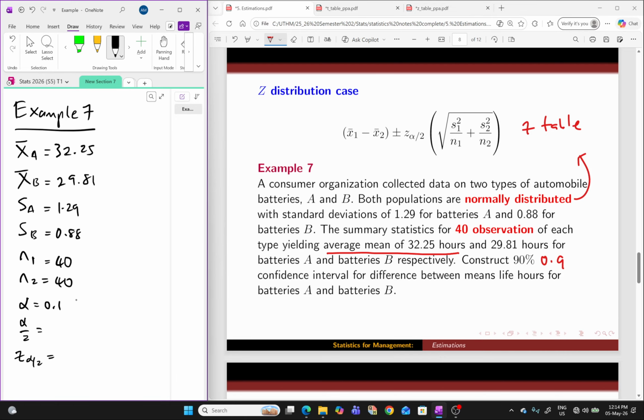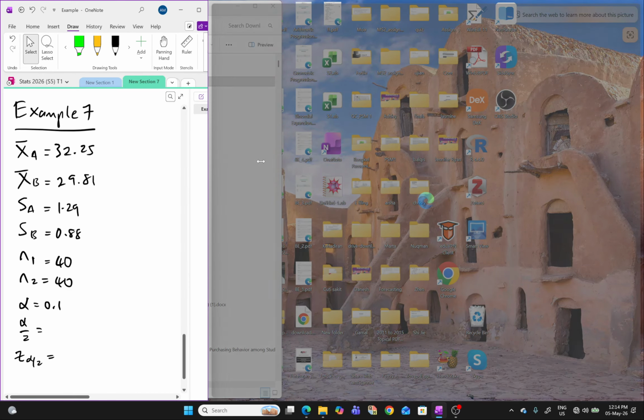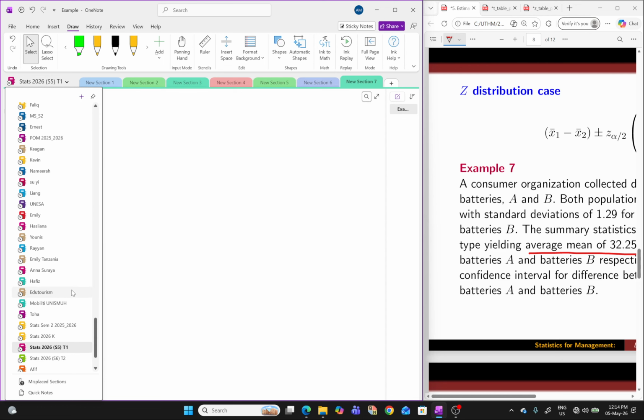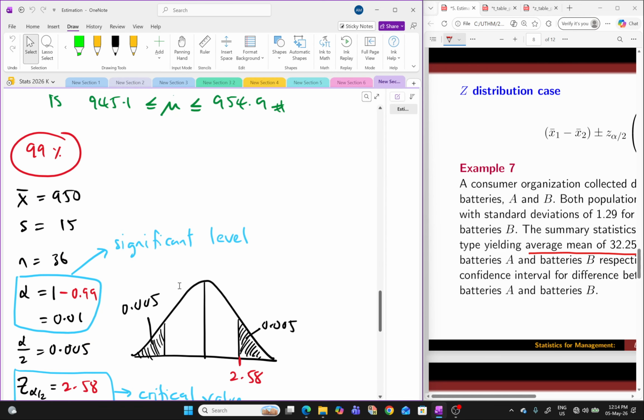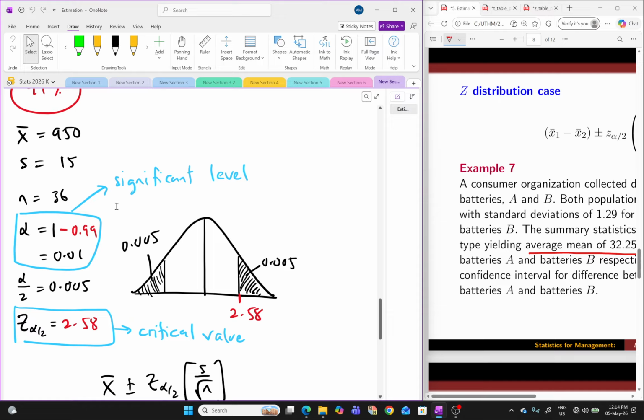What is alpha again? The name of alpha is significant level. Masih ingat significant level? Saya ajar last class. Yang bawah Z ataupun T yang kita baca daripada table tu nama dia apa? Critical value. Penting ni. Ingat.